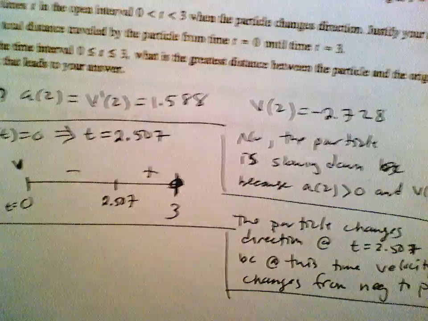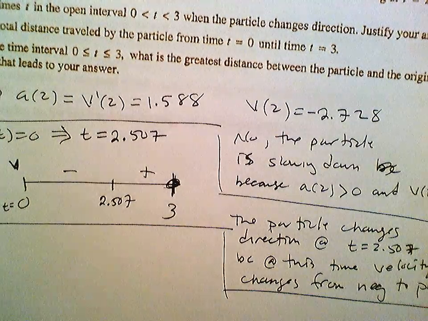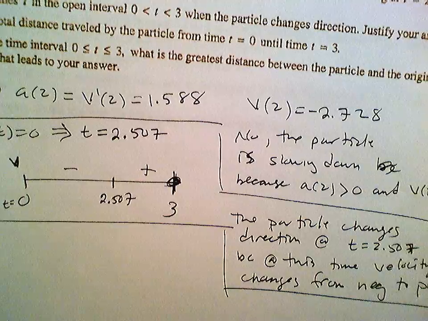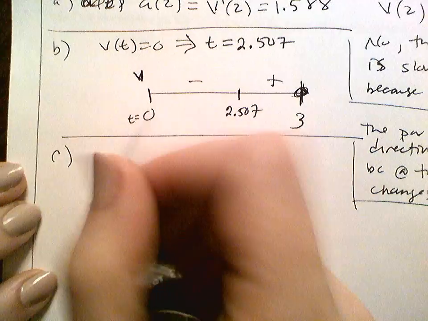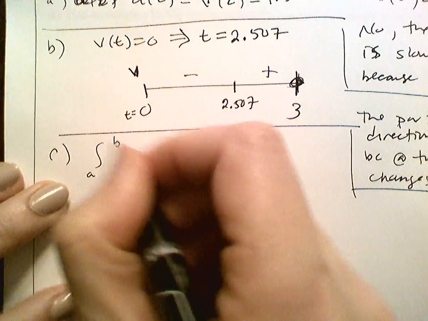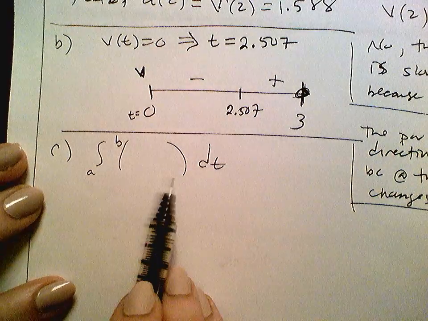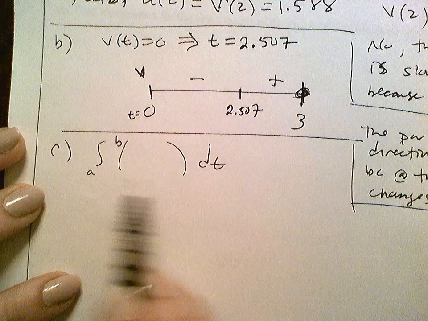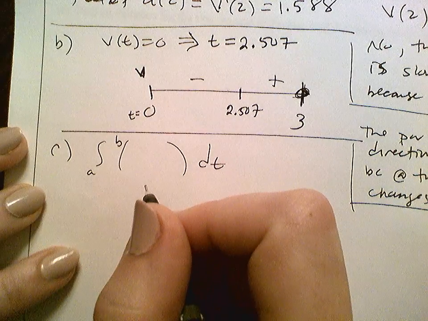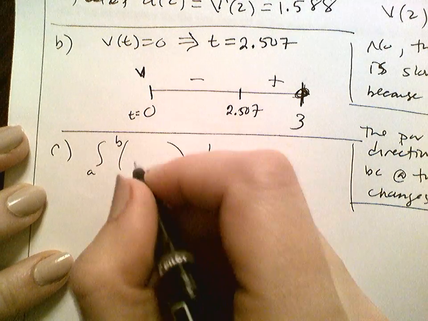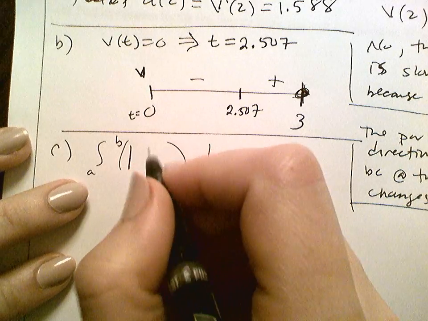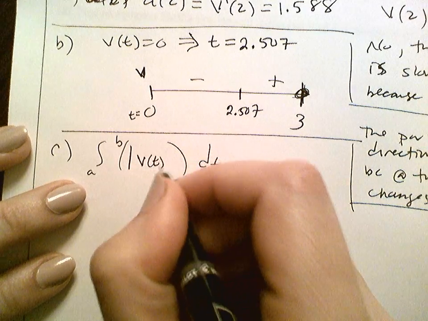Find the total distance traveled by the particle from time t equals 0 until time t equals 3. You need to know the total distance formula, which is this. And what goes inside of there, if we want the total distance, is the absolute value of velocity.